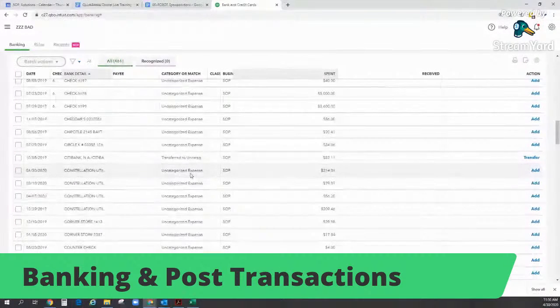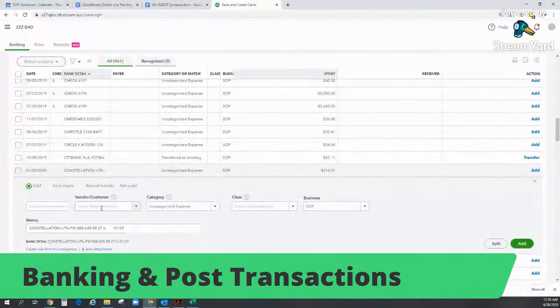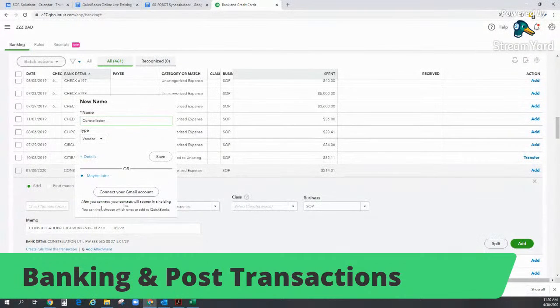I do want to create this one right here just because it's going to spread it across the reports so that you can see it a little better.